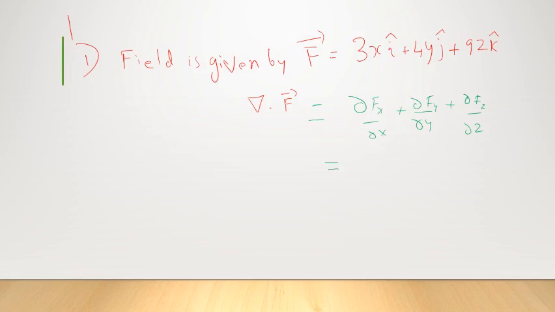Here fx is 3x, the x component, therefore after differentiation you will get 3 from this, and similarly 4 from this, and here 9z, therefore you will get 9. So 3 plus 4 plus 9 is 16, and since 16 is greater than 0, at every point divergence is positive.